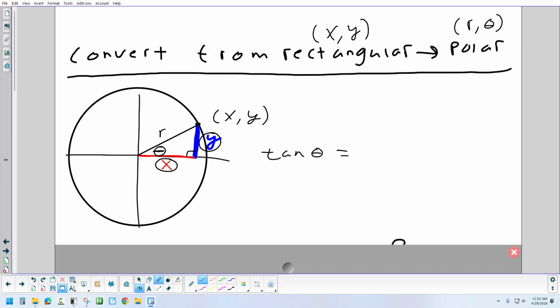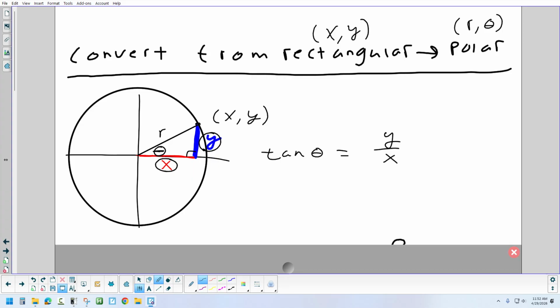What's the formula for tangent? Opposite over hypotenuse, no, that's sine. Opposite over adjacent. Now, that's not theta, that's tan theta. How do you get theta by itself in that equation?